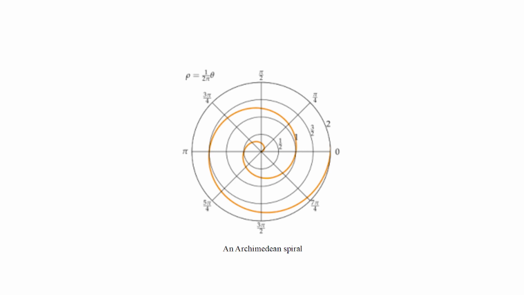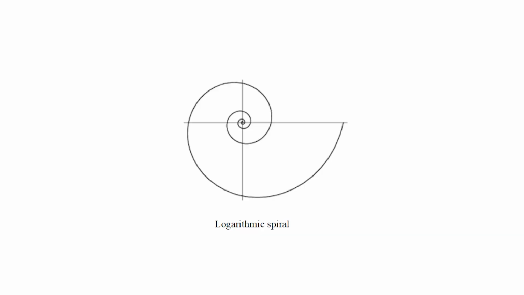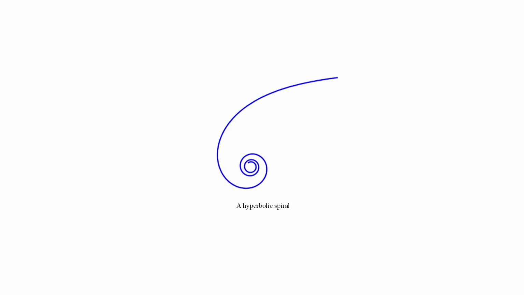Some examples of spirals are: r = aθ, called an Archimedean spiral; r = a√θ, called a parabolic spiral; r = a e^(bθ), called a logarithmic spiral; r = a/√θ, called a lattice spiral; and r = a/θ, called a hyperbolic spiral.